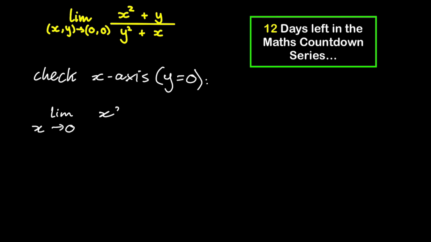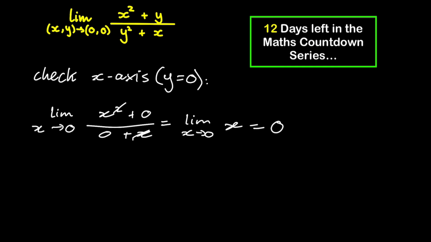We're going to have x squared plus 0 over 0 plus x, and those zeros come from those two y's. Then that x cancels with one of these x's, and we're just doing the limit as x approaches 0 of x, which is equal to 0.